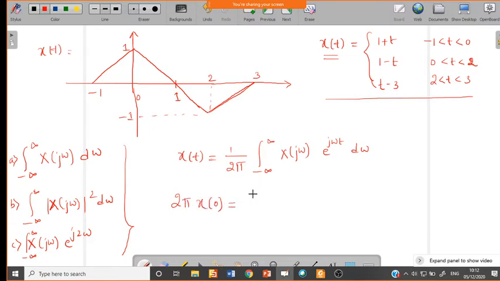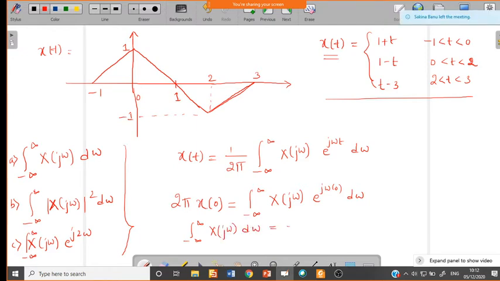Which is equal to integral from minus infinity to plus infinity x of j omega into e power j omega into 0 into d omega. So you will get integral from minus infinity to plus infinity x of j omega into d omega, which is equal to 2 pi into x of 0.